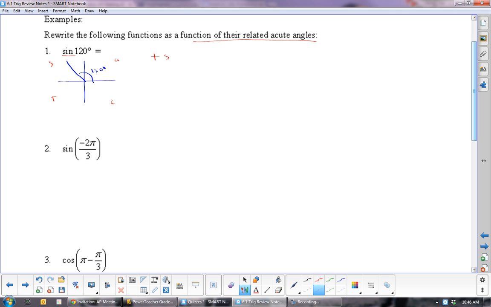So I'm going to put positive sine, and then I will put the reference angle in there. The reference angle is always the angle between the x-axis and the terminal arm, and that is 60 degrees. So positive sine 60 degrees is the same thing as sine 120. So I have rewritten that as an acute angle.